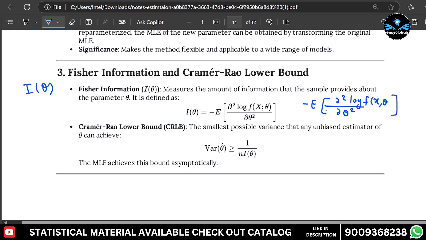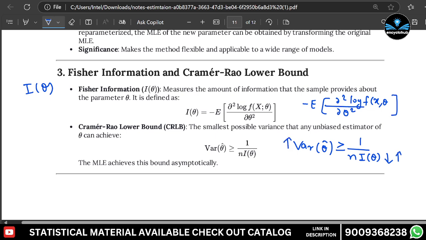This is called the Fisher information, and the variance of theta cap is always greater than or equal to the inverse of the Fisher information. So more information, less variance; less information, more variance.